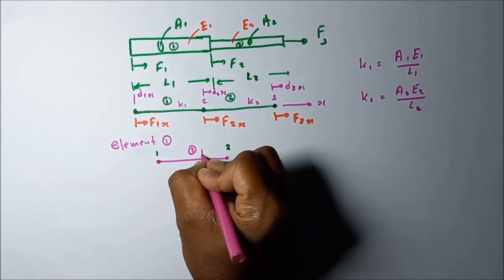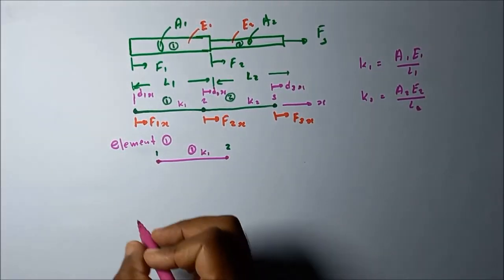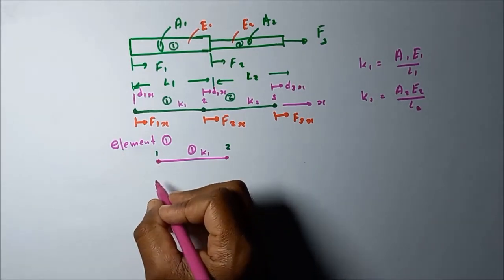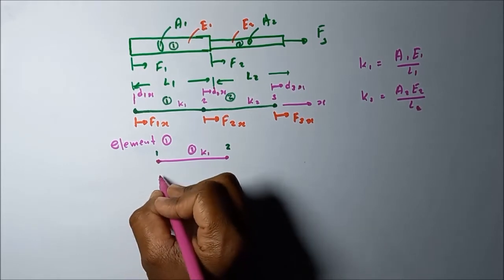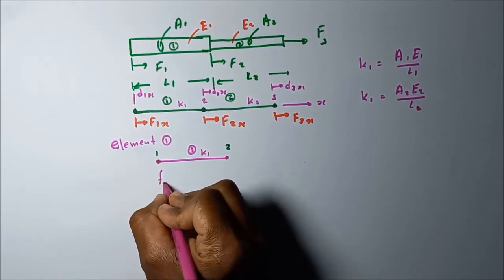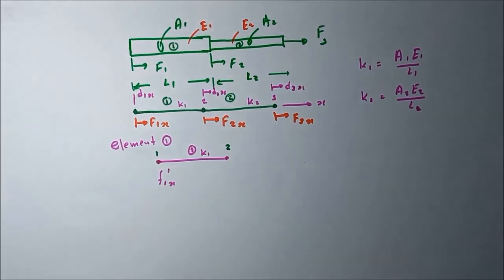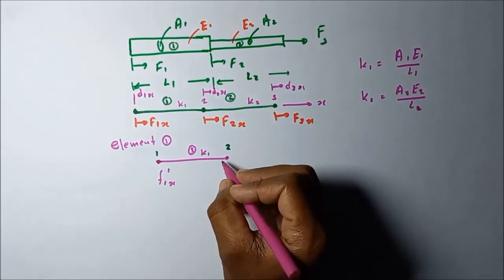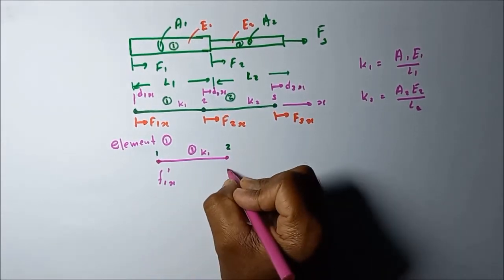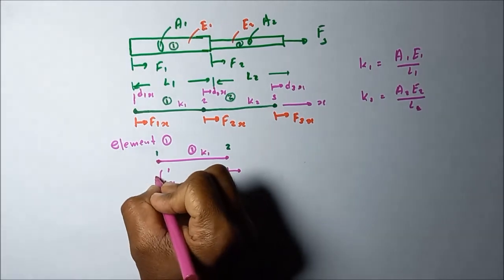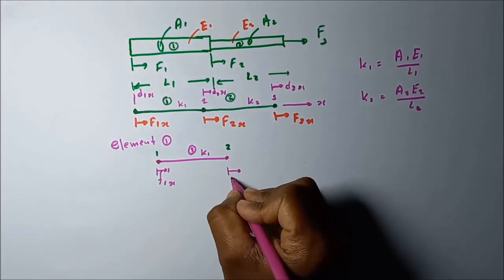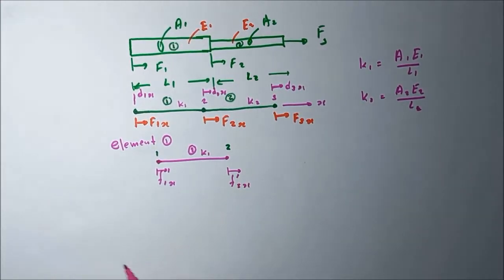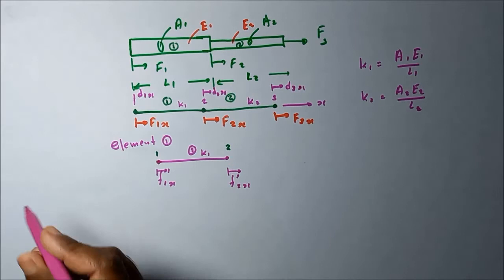Then the stiffness K1. The forces acting on this first element at node 1 we represent in this manner: F1x1. The force acting on the second node of the first element we represent like this: F2x1. You can see we are using three letters.